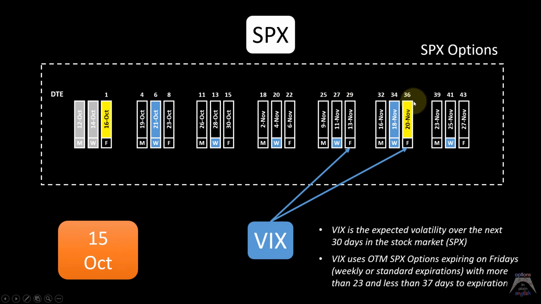As time passes, the algorithm is always asking whether it's more than 23 and less than 37 days, and it uses those two to get the calculations, and then interpolates them and gets a single VIX number that's disseminated every 15 seconds, I believe.